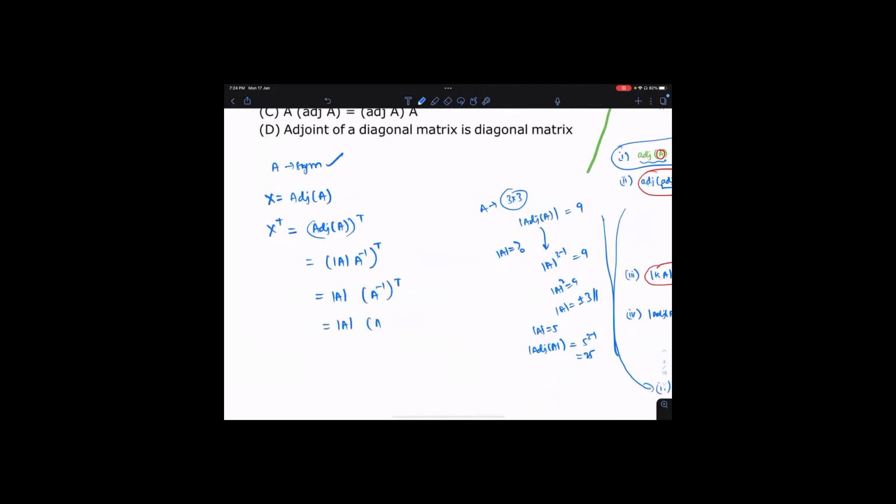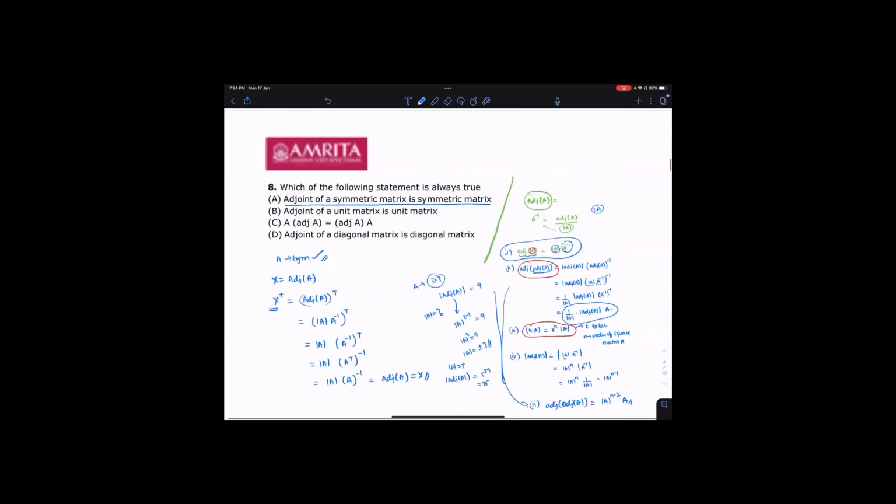What is A inverse whole transpose? A transpose whole inverse. Already we have seen it. What is A transpose? A, because A is symmetric. What is det A into A inverse? Adjoint of A, right? So what is X transpose? Again X only. So adjoint of a symmetric matrix is a symmetric matrix. That way you solve the other three. Other three are actually easy compared to this one.